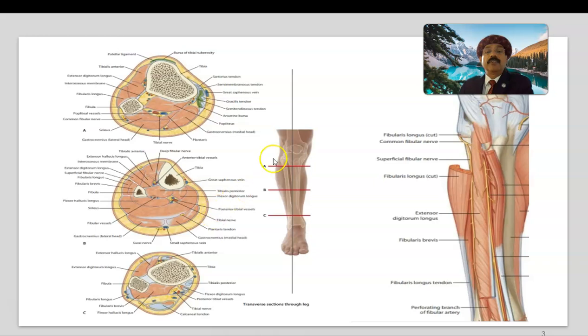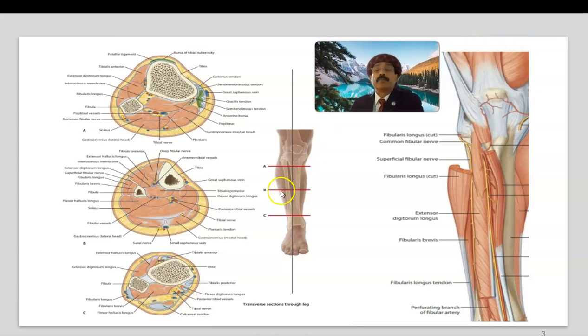Anywhere we have a compartment, the compartment structure may be compromised due to damage, collection of fluid, edema, or bony fracture.